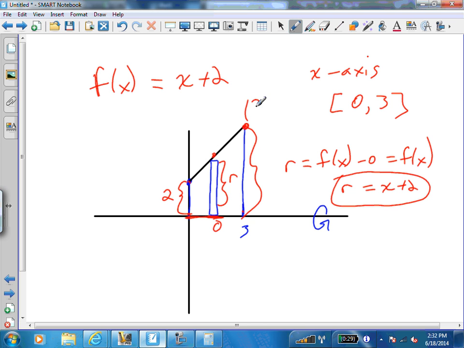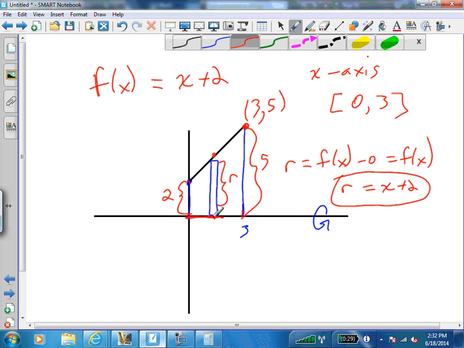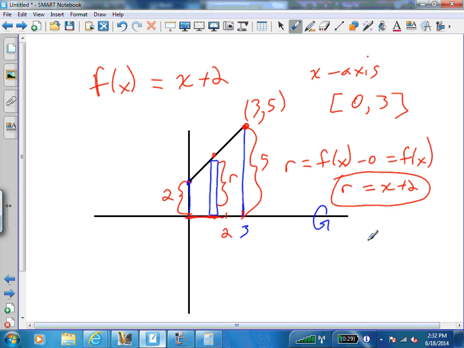The x value here is 3, so if we put 3 into our function, what's that distance? 5. From 0 to 5, it's 5. This is just a function: you tell me what the x value is, I'll tell you what the radius is, the distance from there to our axis of rotation. So when x is 2, our radius is 4.